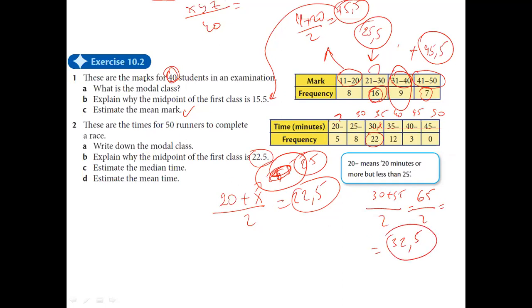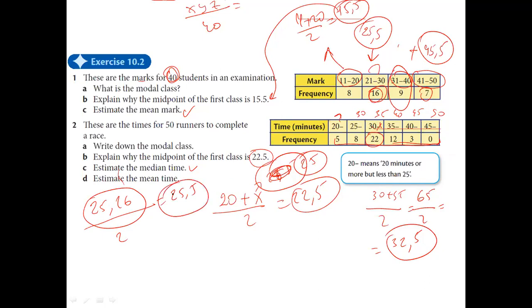And estimate the median time. What's the median time? We need to take the middle runner of our 50 runners. The middle of 50 is 25 and 26. The mean of these two numbers, divided by 2, is 25.5.